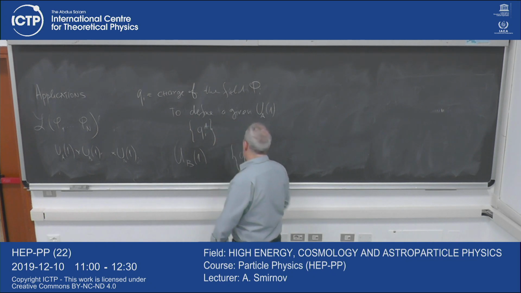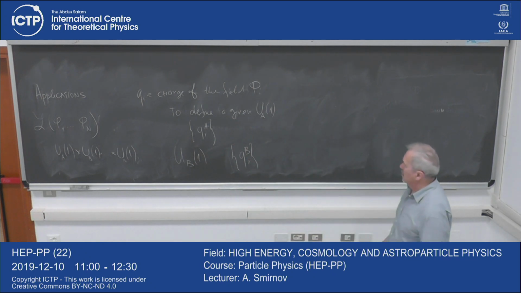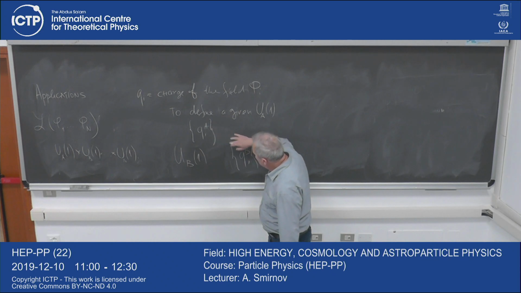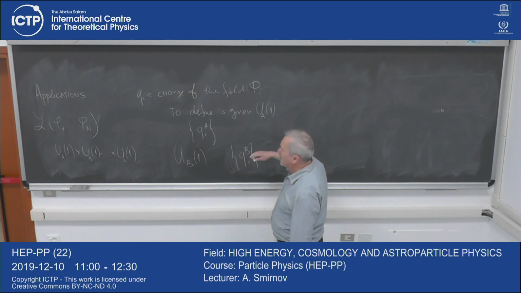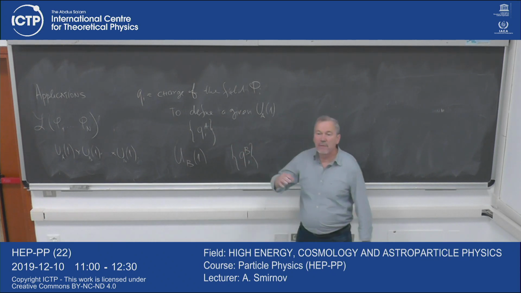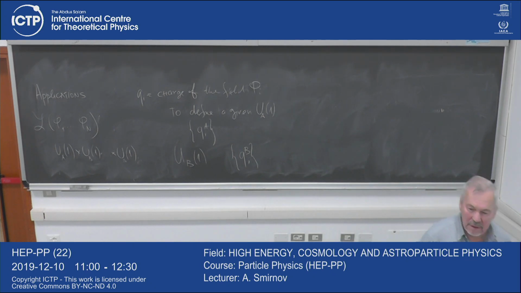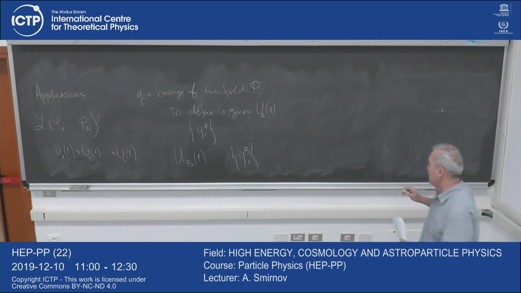And what I was just saying is that if assignments of the charges are linearly independent, then they would correspond to different U(1) symmetries. If they are linearly dependent, then just one of these U(1)s is reduced to others. No need to introduce it. So everything will be clear when I give this example.